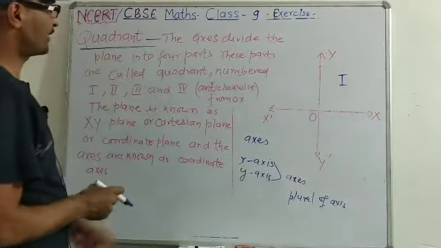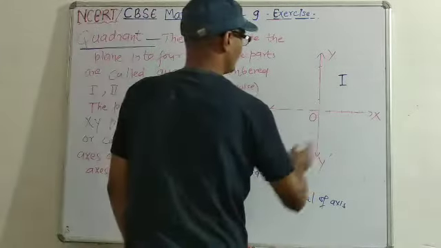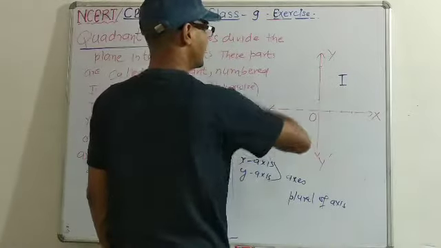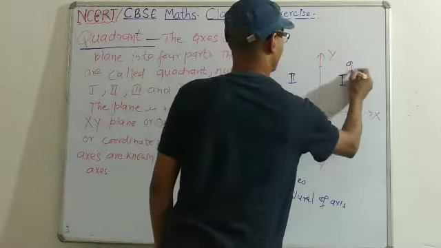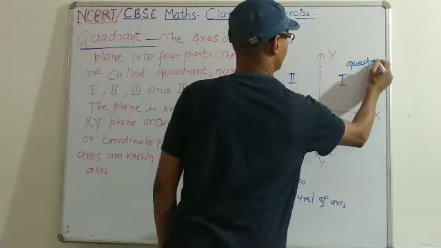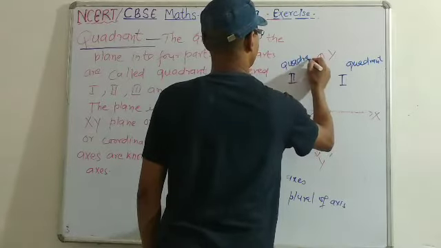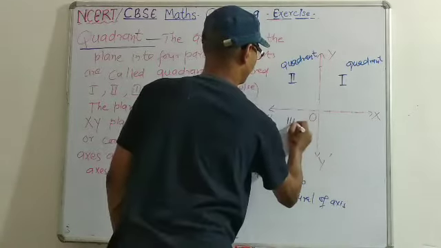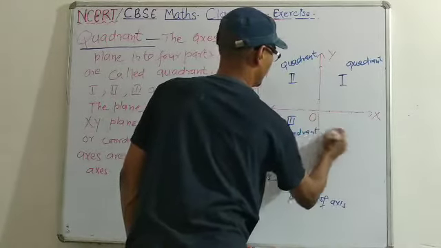The axes divide the plane into four parts, and these parts are known as quadrants. Any plane divided in four parts. First quadrant, second quadrant, and it is third, and it is fourth.